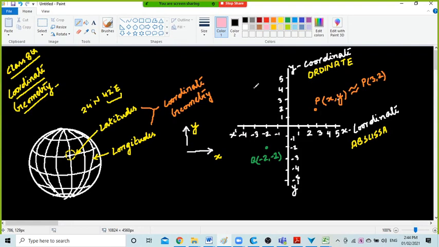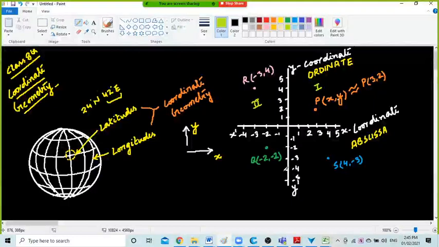These are called the quadrants. So this is the first quadrant, this one is the second quadrant, after that we have the third quadrant, and finally this one is the fourth quadrant.